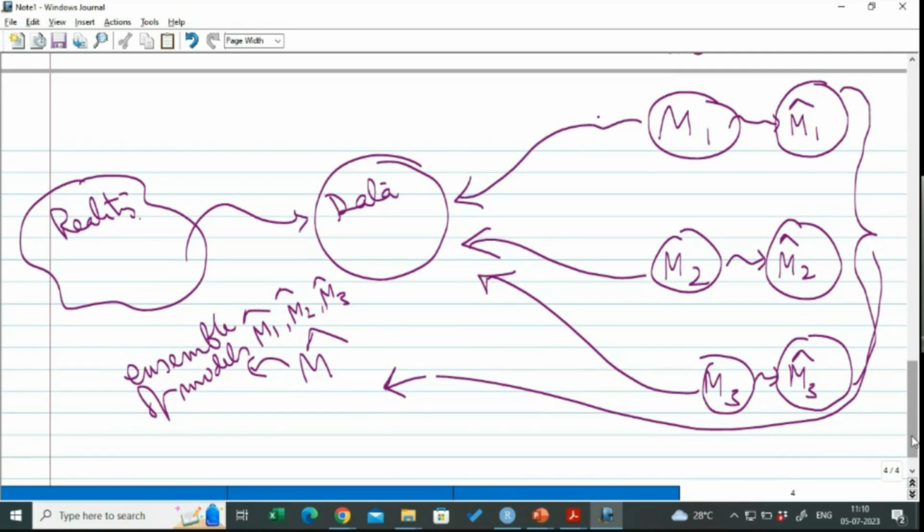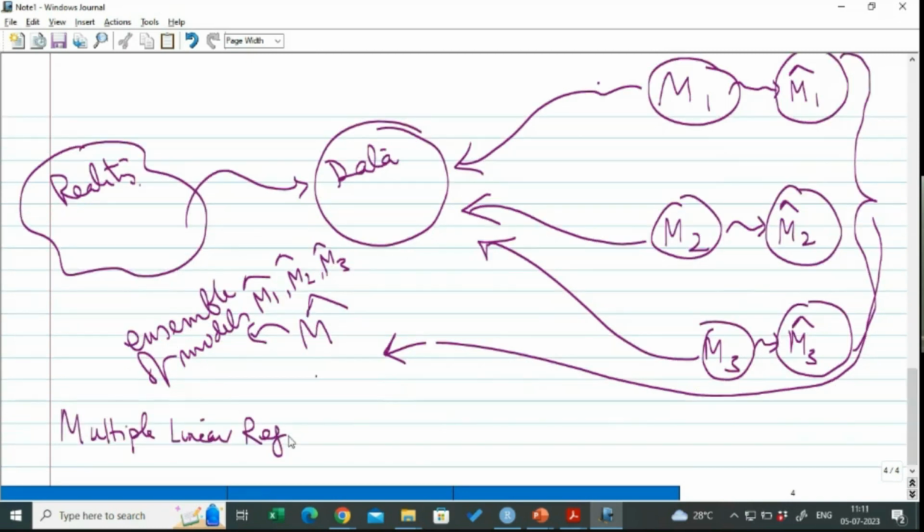So there is a certain level of confidence associated with which model is the correct one. We have different models, you fit all those models to the data, and then you can take different decisions, or you can ensemble these models and make predictions for the future based on this data.